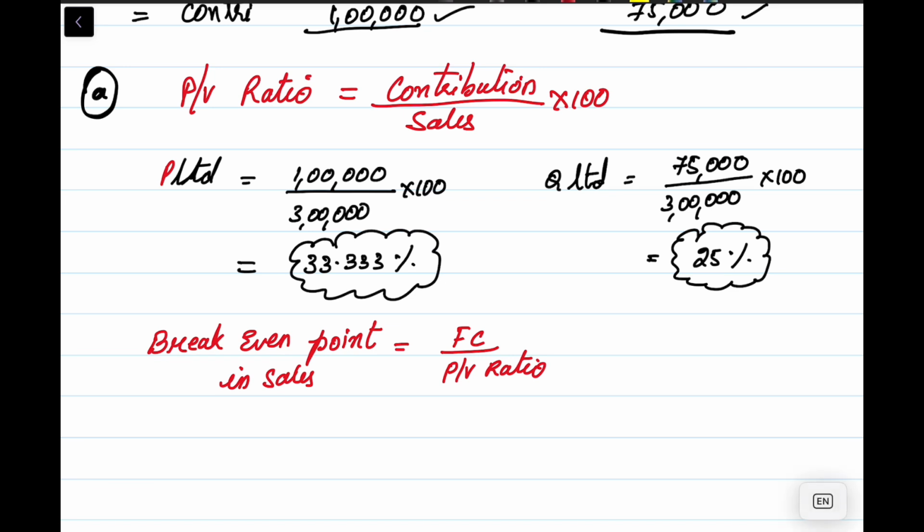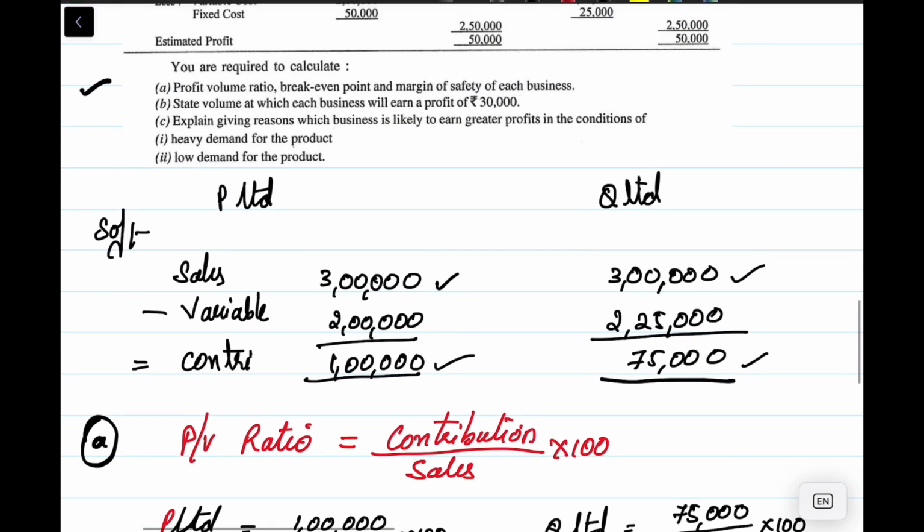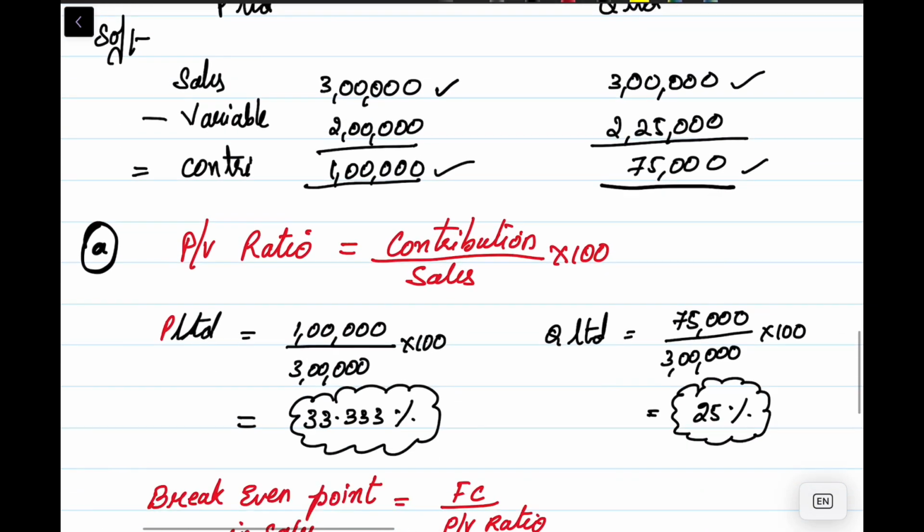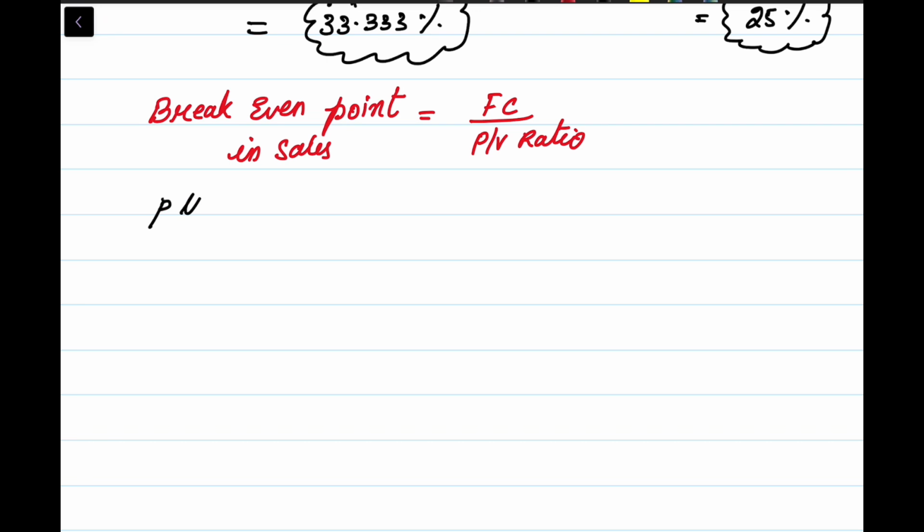Simultaneously again we are going to do it for both the companies P and Q. For P Limited, fixed cost is 50,000 divided by PV ratio 33.33 into 100. To remove that percentage we need to multiply with 100, so into 100.